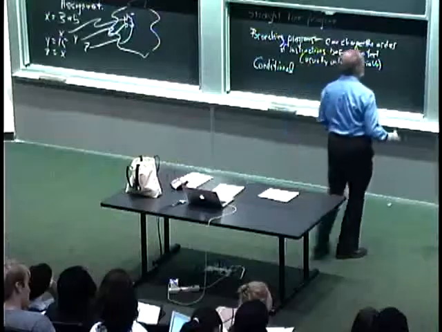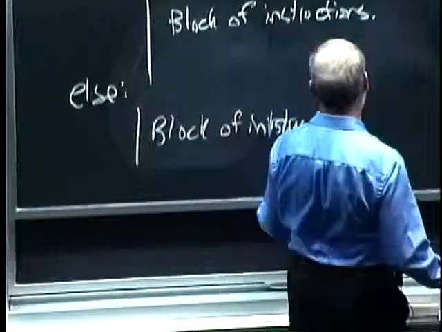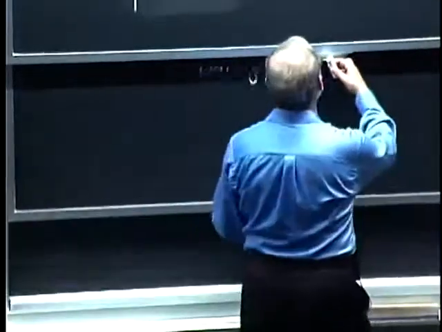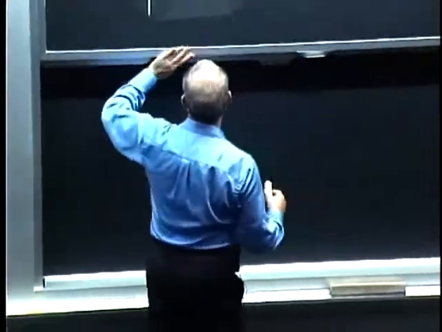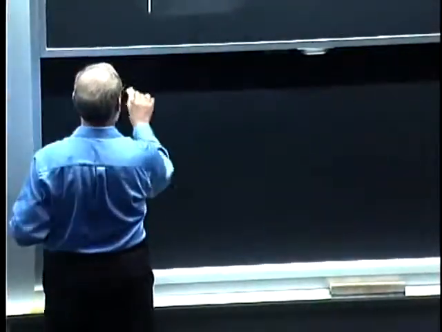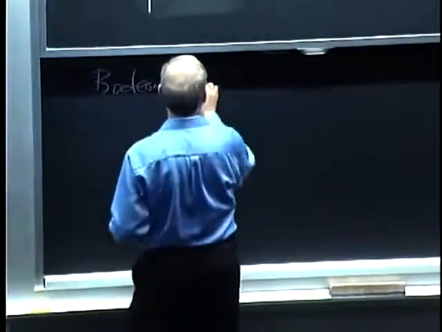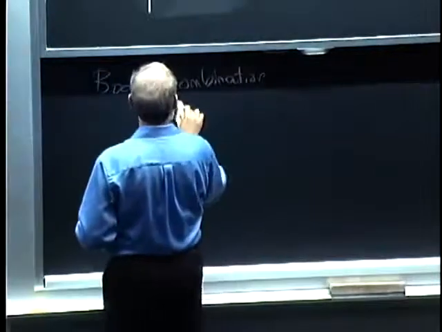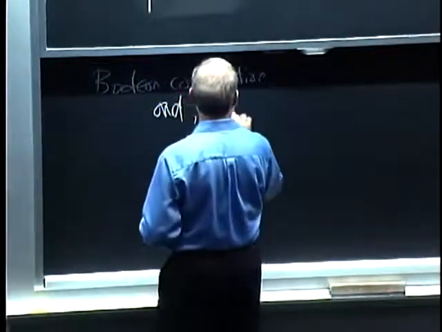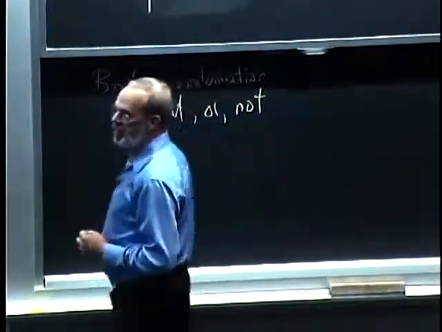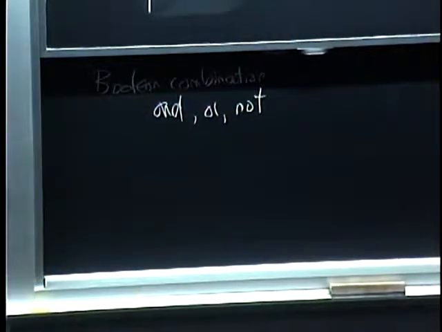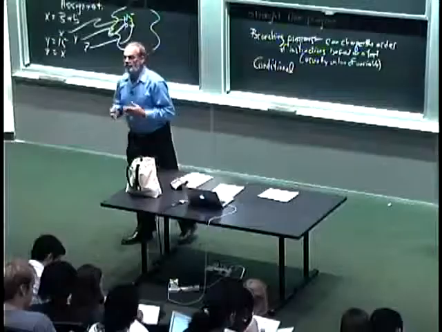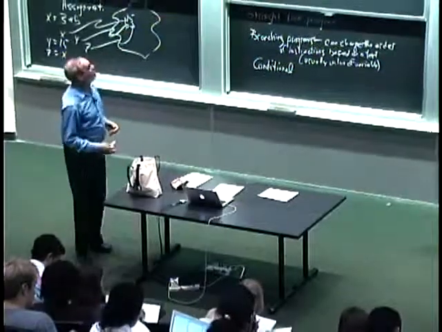And in that fact that both of those things is the fact that we're using a Boolean combination here. That is to say, we can take any logical expressions, combine them together with and, or, not to make a complex expression, and use the value of that expression as my test. And that's literally what I've done there.